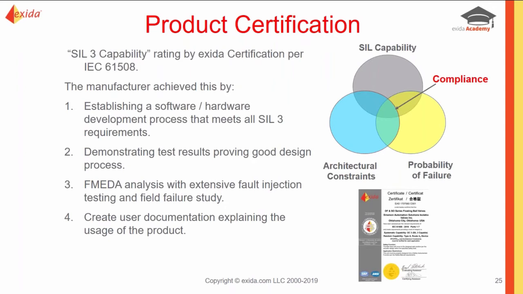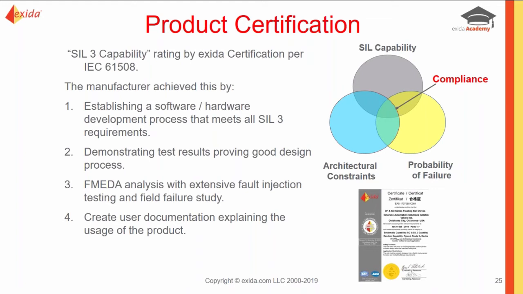So think back to those circles and how we are relating that. At the end of those option 1, 2, or 3, you're going to receive your product certification. Once all of the requirements of the standard have been met and everything has been completed, a certificate will be issued.